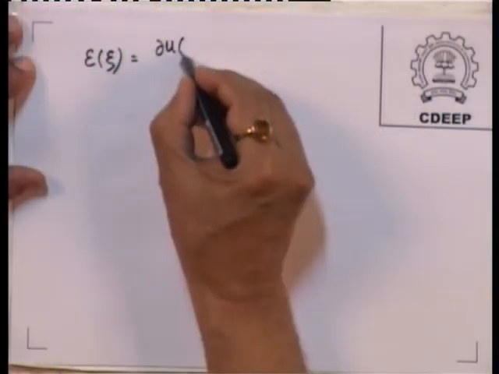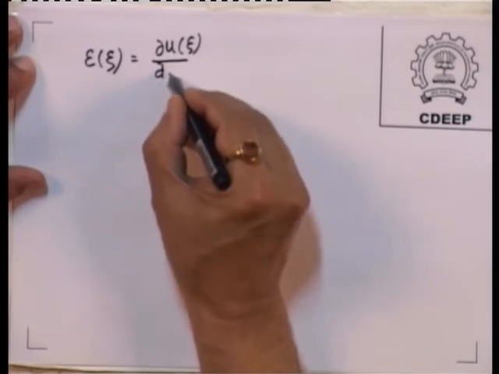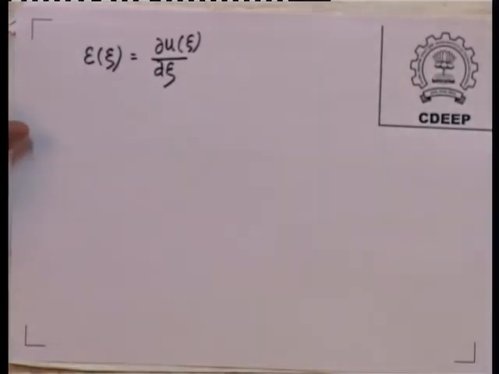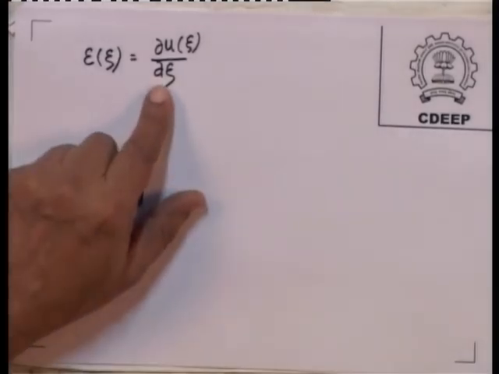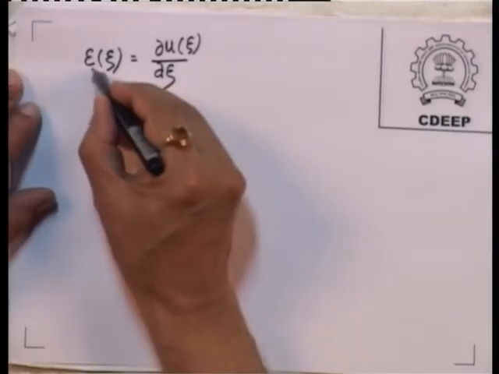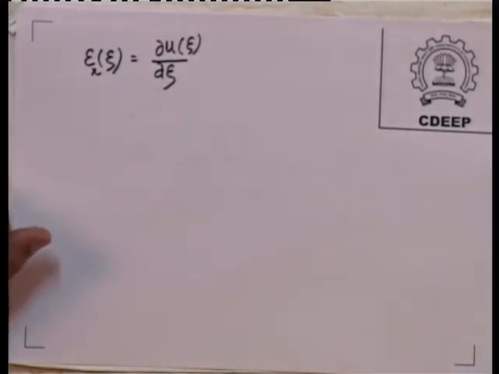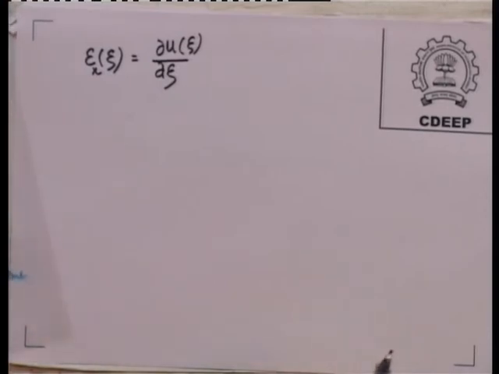Let me find du as a function of psi by d psi. Locally I am finding the strain in the local coordinate. Normally the strain in global coordinate will be du by dx. Now I am finding locally the strain equal to this.